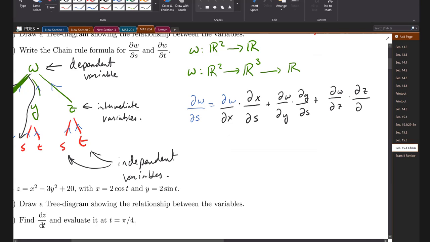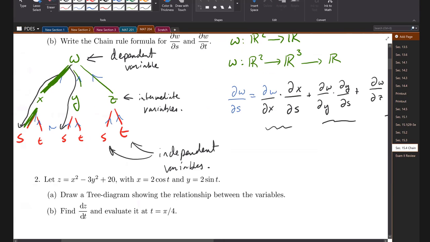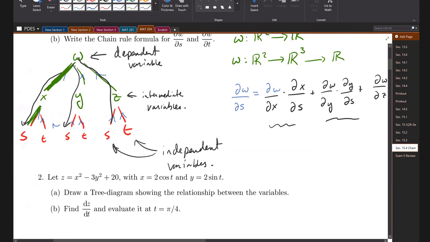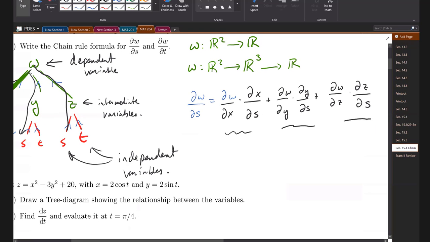I've added up the three different ways I could trace from W down to S. Notice that formally, although you can't actually do this, you know that you're on the right track because all of these essentially look like partial W, partial S.